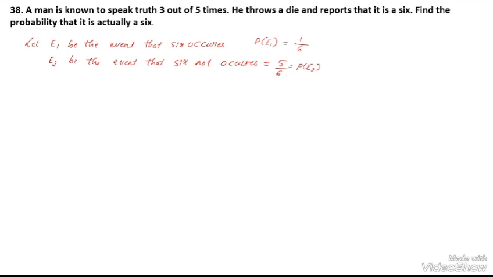Now, what does the man say? Let A be the event that the man reports that 6 occurs.